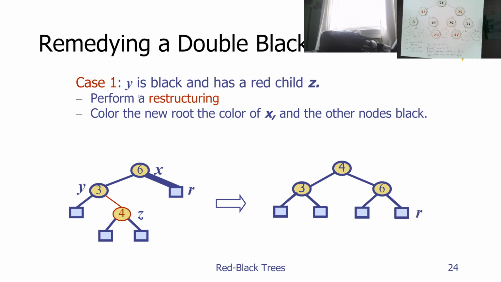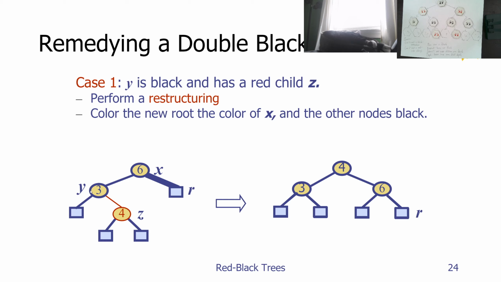Now we look at our sister Y, and we ask, does sister Y have a red child? If so, then we do a rotation. So in this case, we look at our sister Y. She has a red child. We're going to look at these 3 nodes and rotate such that the node with the middle value is the new root.